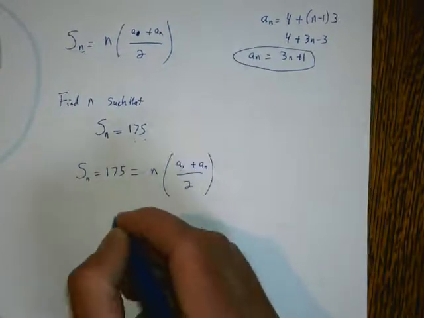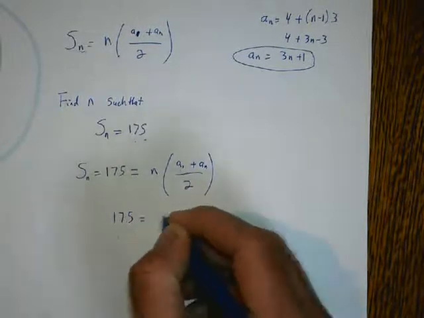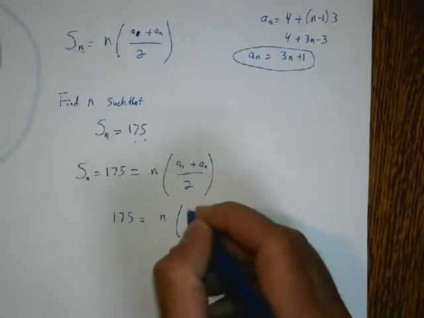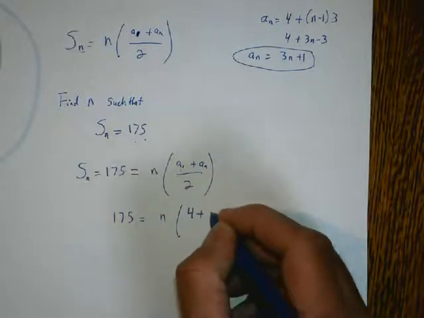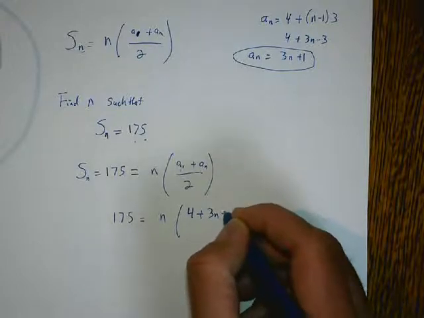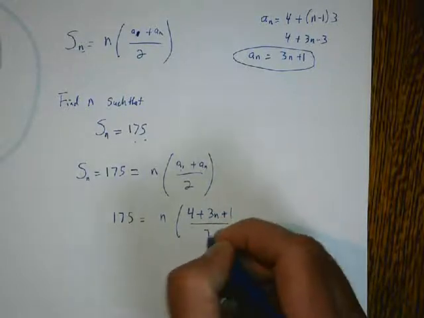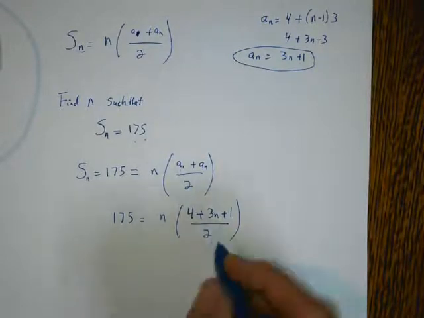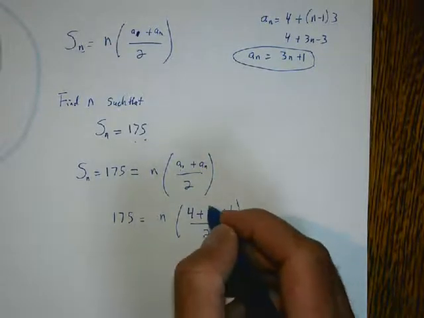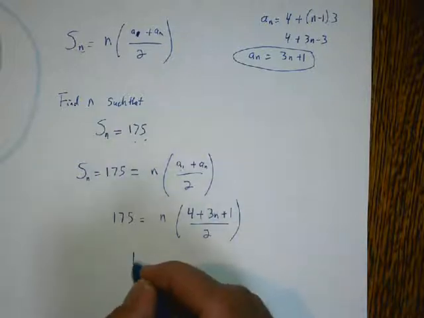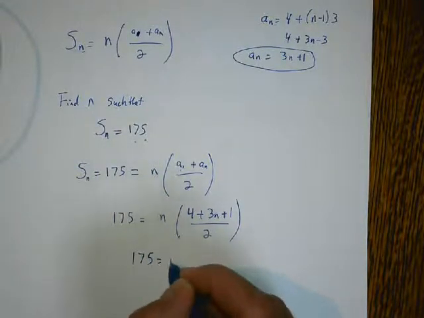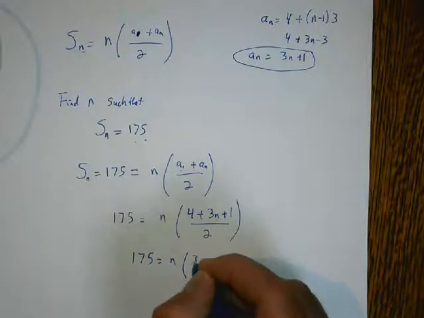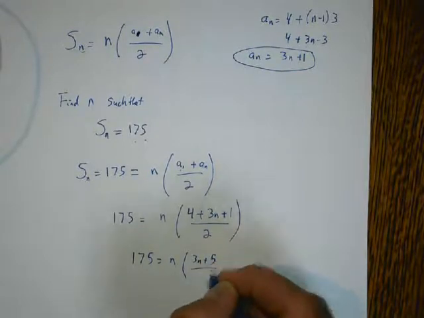So we have 175 is n times the quantity 4 plus 3n plus 1, all over 2. Do a little combining of like terms inside the parentheses in the numerator, and we get 3n plus 5. So we have 175 is n times 3n plus 5 all over 2.